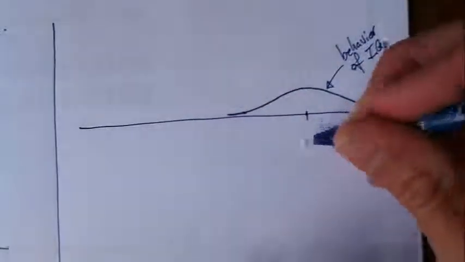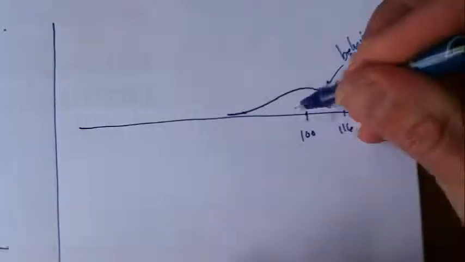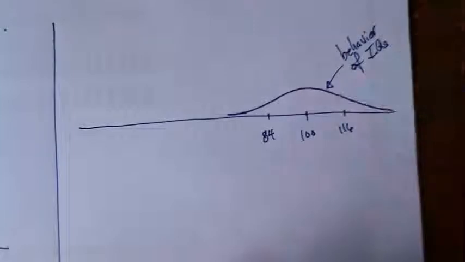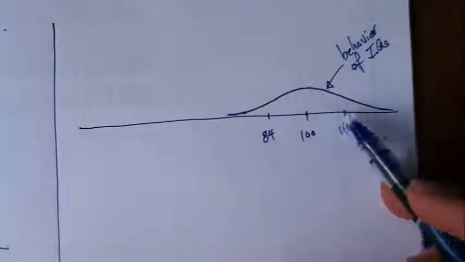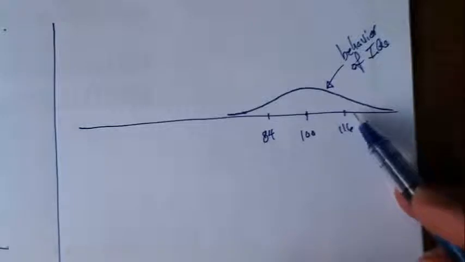And so the mean is 100, and this mark would be about 116, right? And then if I come 16 down, I'd be at 84. Now, I don't know what the 90th percentile would be. It's probably somewhere in around here, maybe? Not sure.